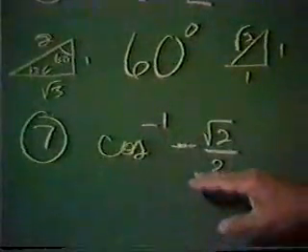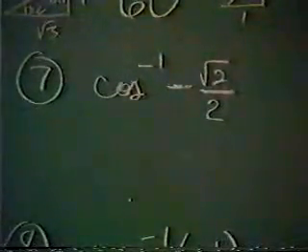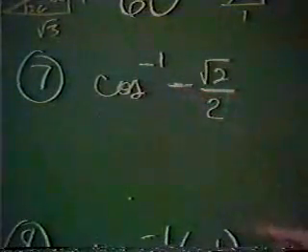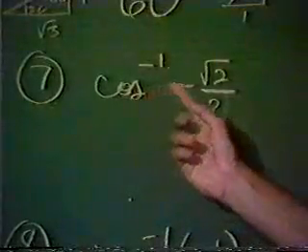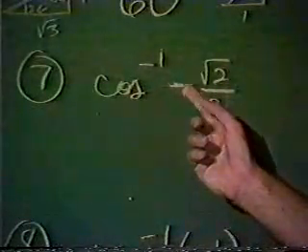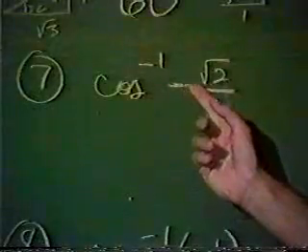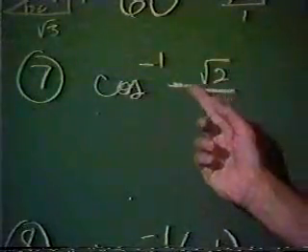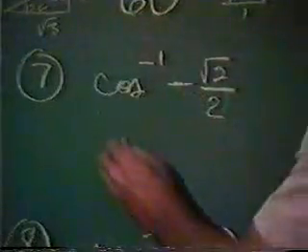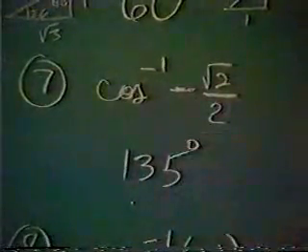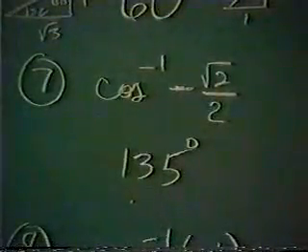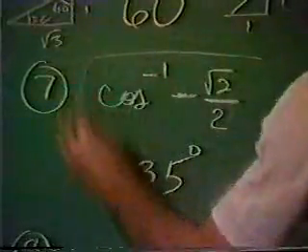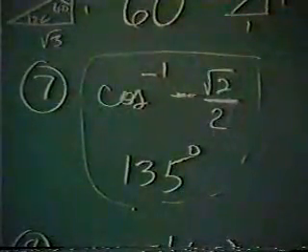Now the minus: cosine is negative in quadrants 2 and 3. We're not allowed to use quadrant 3, so that we have only one answer. Therefore, it's 45 degrees in quadrant 2, which makes our answer 135 degrees. Remember, cosine uses quadrant 1 and quadrant 2.